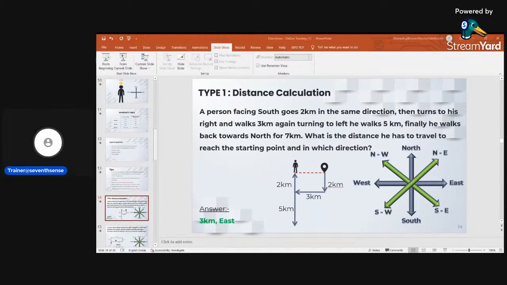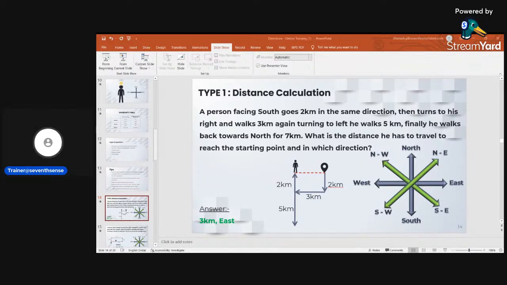So this is the starting point, and she is traveling north, and then taking a right and walking for 10 meters, again taking a right and walking for 5 meters, and again taking a left and walking for 5 meters, and she is presently here now.